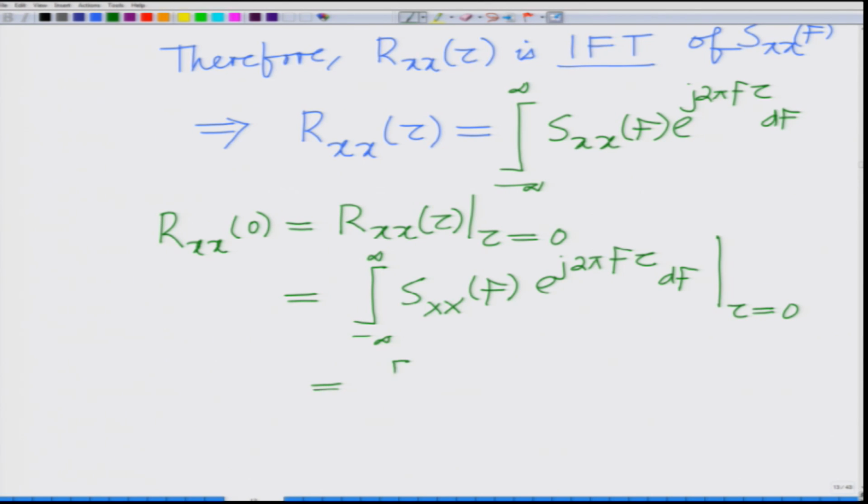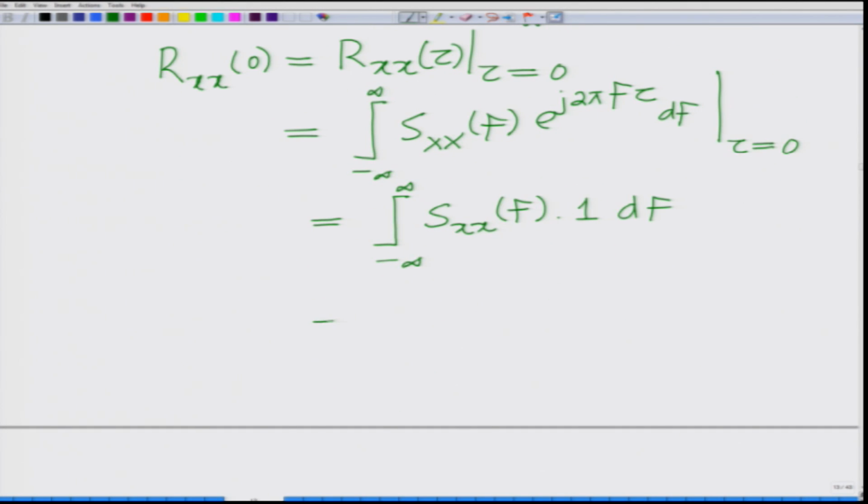Substituting tau equal to 0, the exponential is 1, so I get the integral from minus infinity to infinity of Sxx of f df.